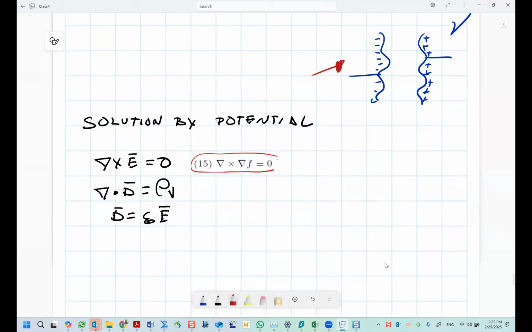So these two look the same, right? I have the curl of E and I have the curl of a gradient, and they are both equal to 0.